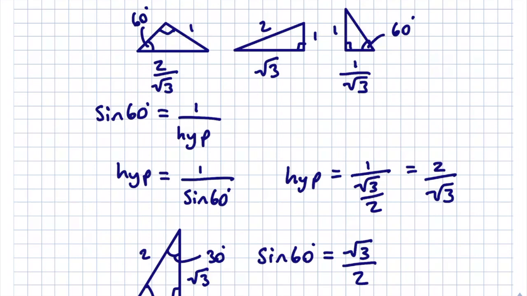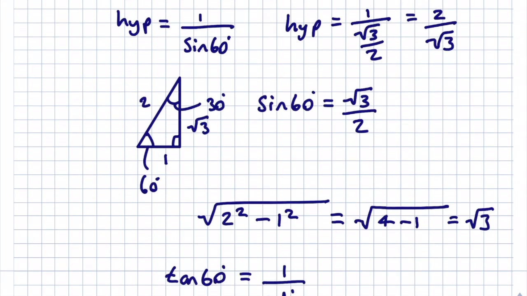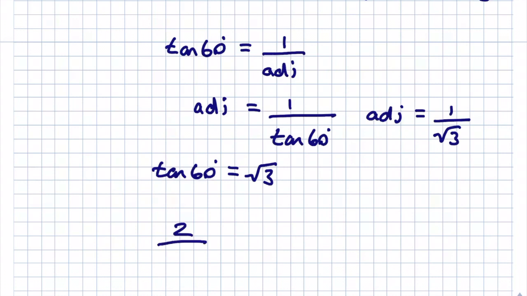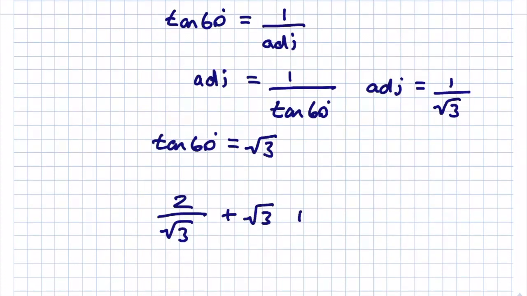Now we just need to add 2 over root 3 plus root 3 plus 1 over root 3. So 2 over root 3 plus 1 over root 3. Now, these fractions, which have a denominator of root 3, we need to simplify those by rationalising the denominator.